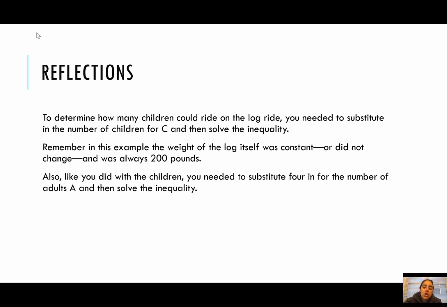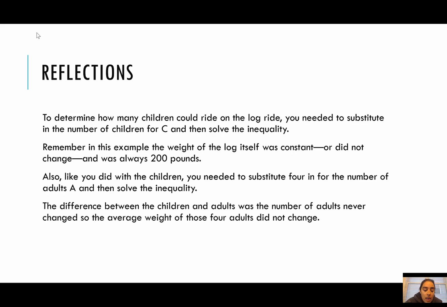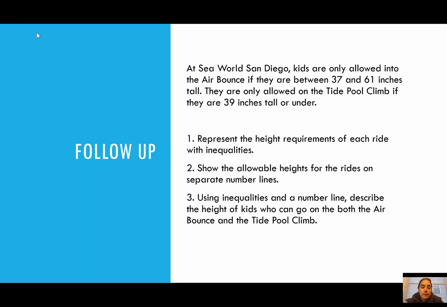Also, like you did with the children, you needed to substitute 4 in for the number of adults A and then solve the inequality. The difference between the children and adults was the number of adults never changed, so the average weight of those 4 adults did not change.